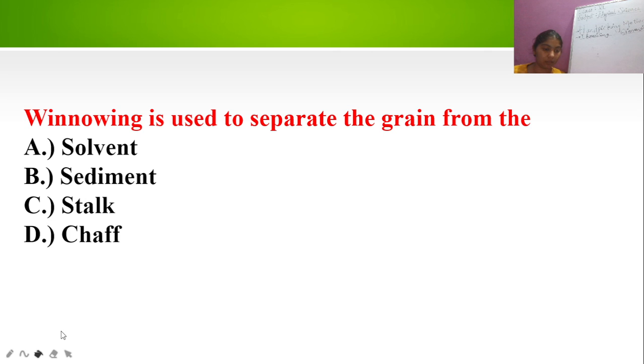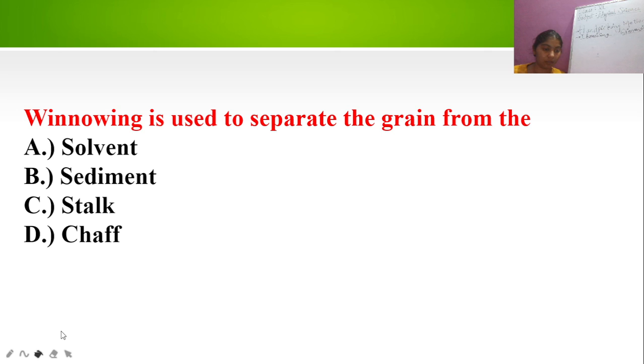Yes students, very good. Winnowing is used to separate the grain from the chaff. This is a process of removing the useless things from the grain. That is winnowing.